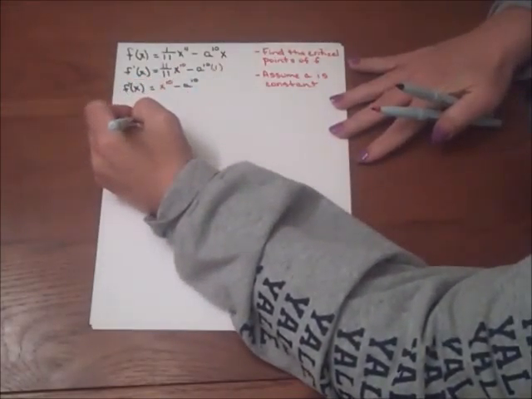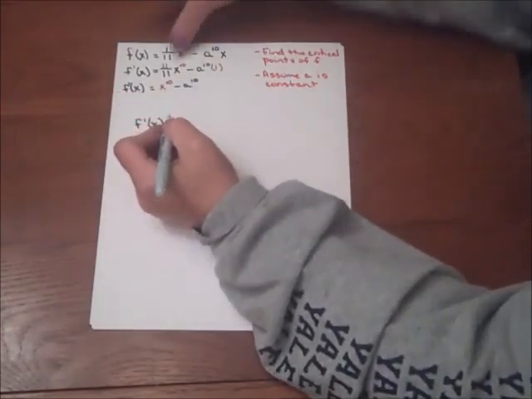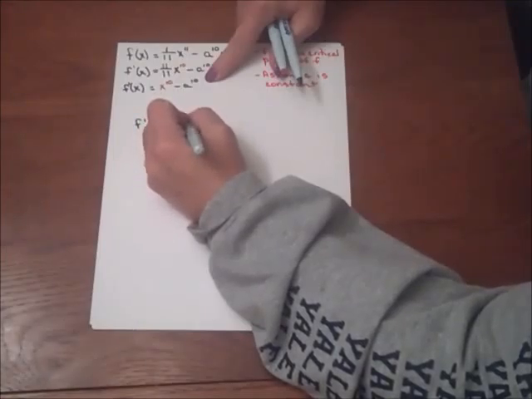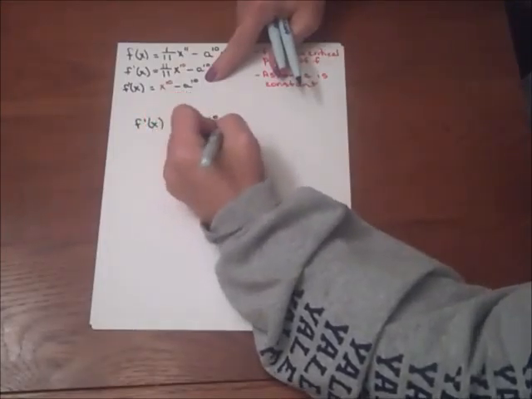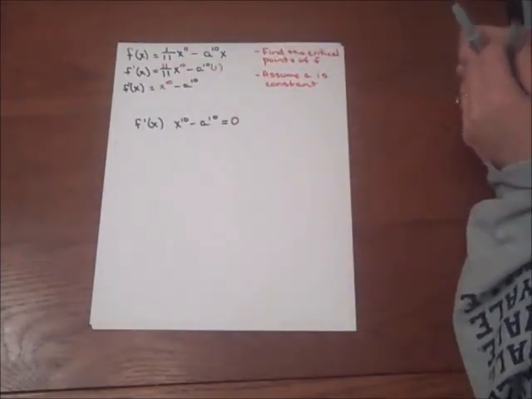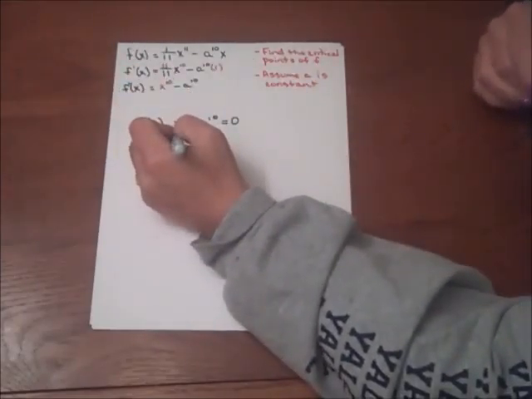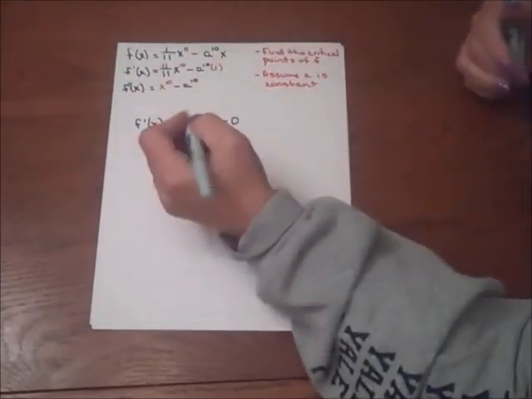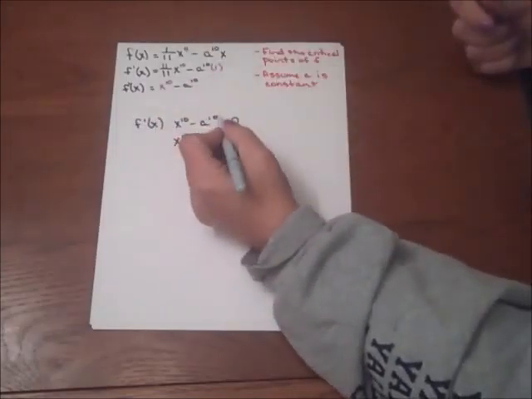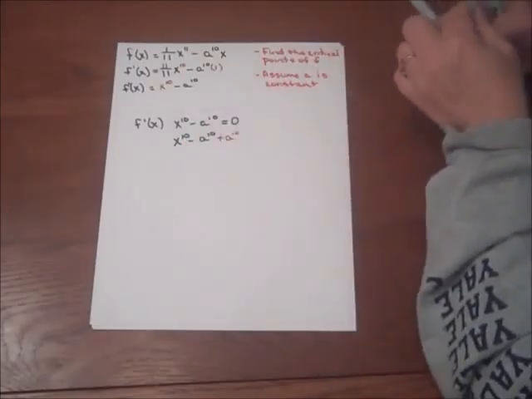So we are still working with f prime of x, and f prime of x, as we found up here, is x to the 10th minus a to the 10th, and now we're just going to set that to 0. And then we're going to solve for x. And to solve for x, we have x to the 10th minus a to the 10th. That all stays the same. We're going to add a to the 10th, so we can cancel that out.